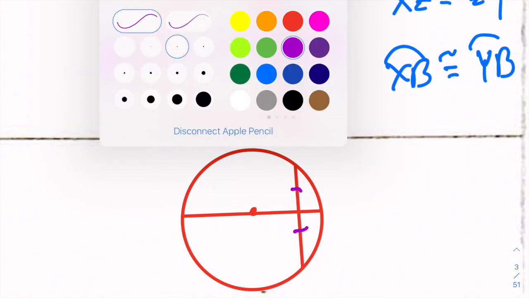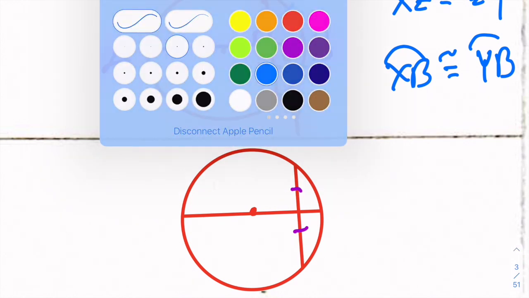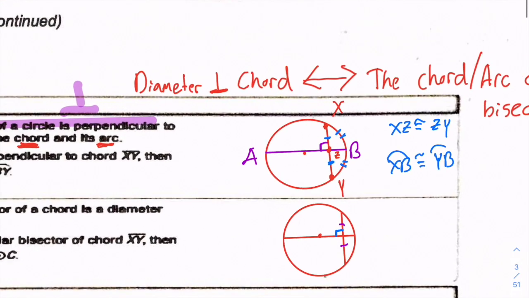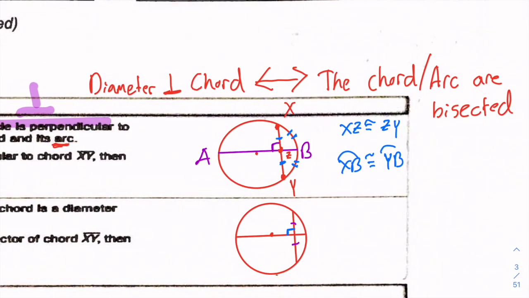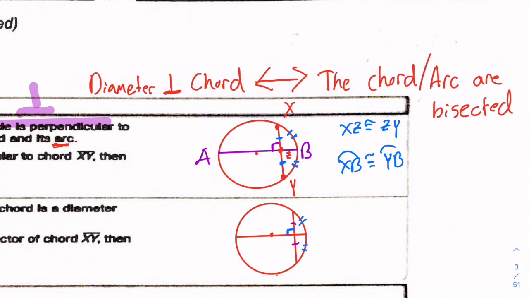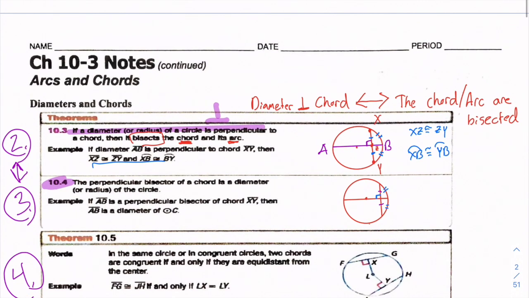And if those two are congruent, then it's perpendicular, right? That's all I was saying. It's saying the converse of it. And of course, the arcs would be congruent as well. So highlight, star this, part of the shorthand version. If that diameter is perpendicular to the chord and the arc, they are bisected. They're cut in half. And then vice versa is true as well.